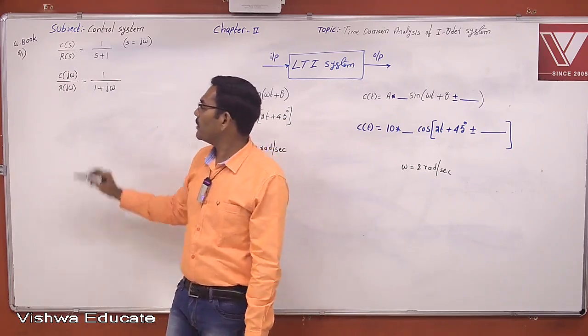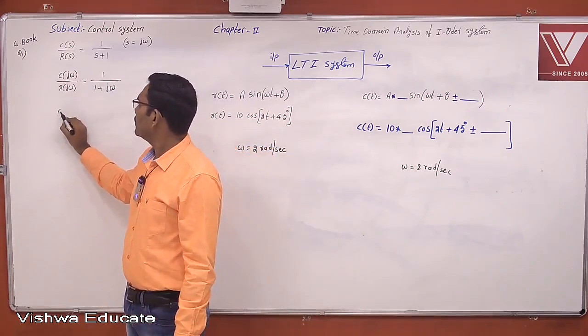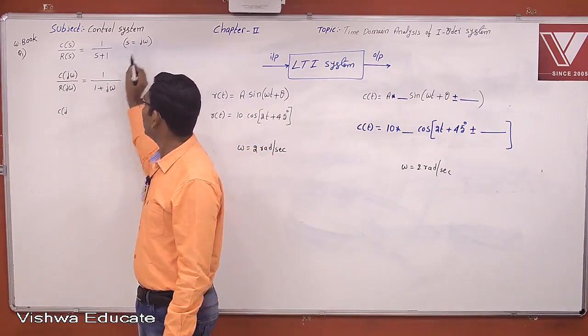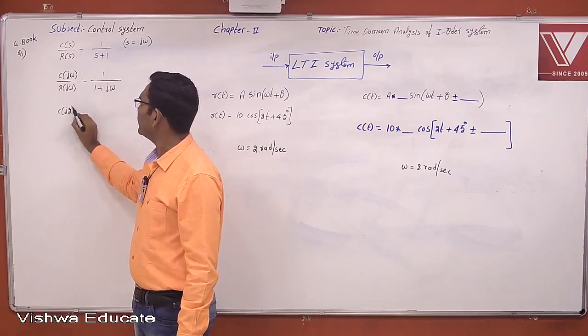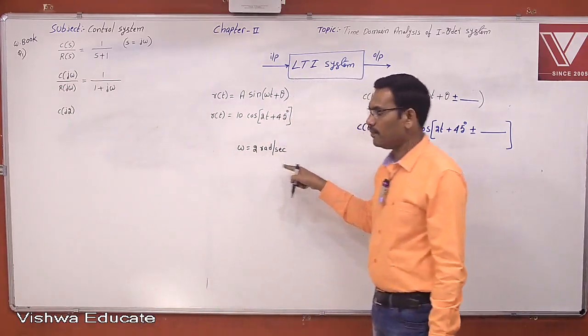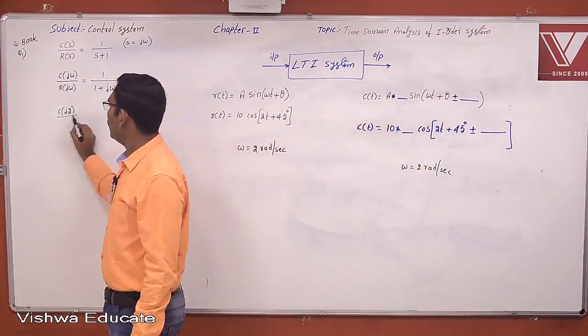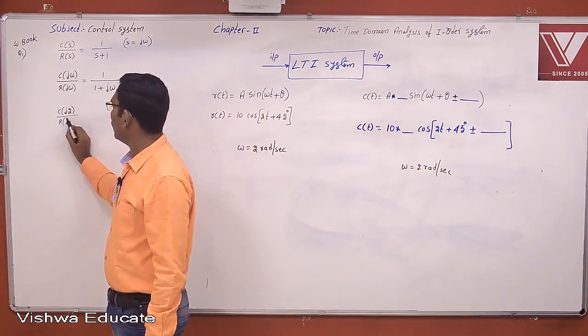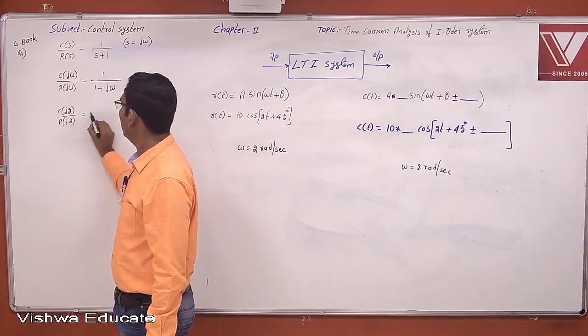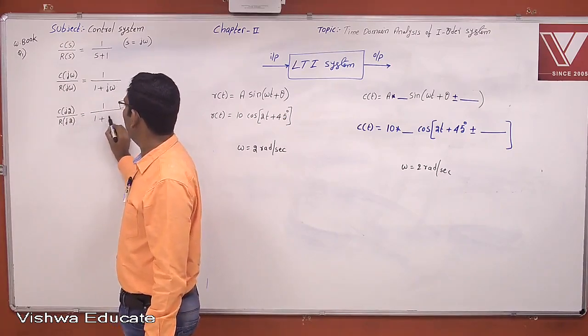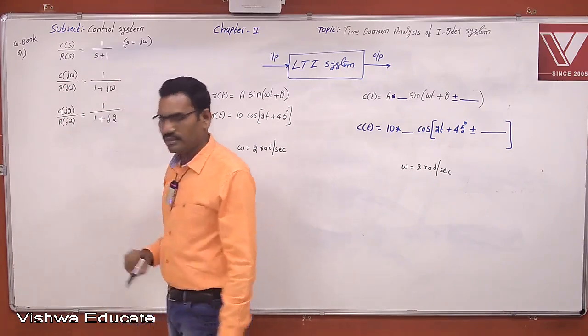Therefore, omega is 2 radians per second, because the input side is the same as the output side, 2 radians per second. Now C of j omega by R of j omega at omega equal to 2 radians per second is equal to 1 divided by 1 plus j2. Is it right or not?